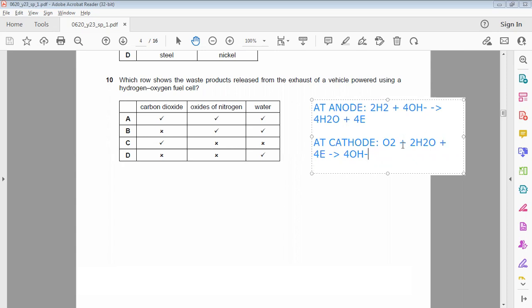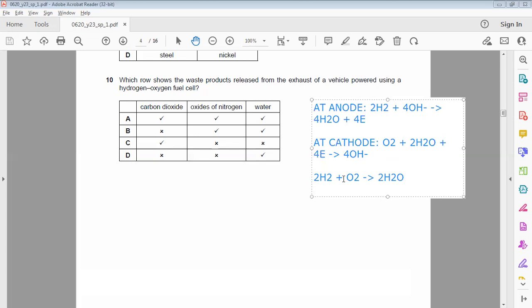If you want to know the overall equation of what is happening in the cell, you just add the left sides together and the right sides together. So what you get is simply the formation of water from hydrogen and oxygen.